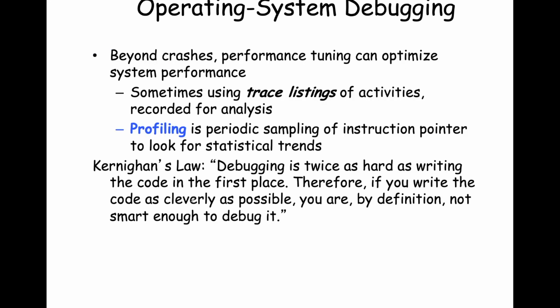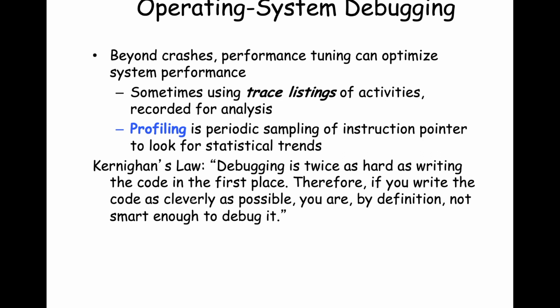And so beyond just the crashing, this log information is very important for performance tuning to ensure that your system is running efficiently and as quickly as possible. And so there are listings of activities called traces that some operating systems make available. And there's another thing called profiling, which is the periodic sampling of the instructions that are being executed.